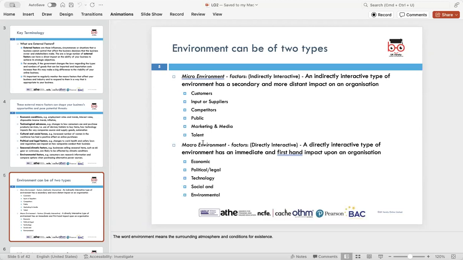The macro environment is the sort of environment that is directly interactive and has an immediate and direct impact on an organization. It covers the realm of economics, political and legal affairs, technology, and social and environmental issues.